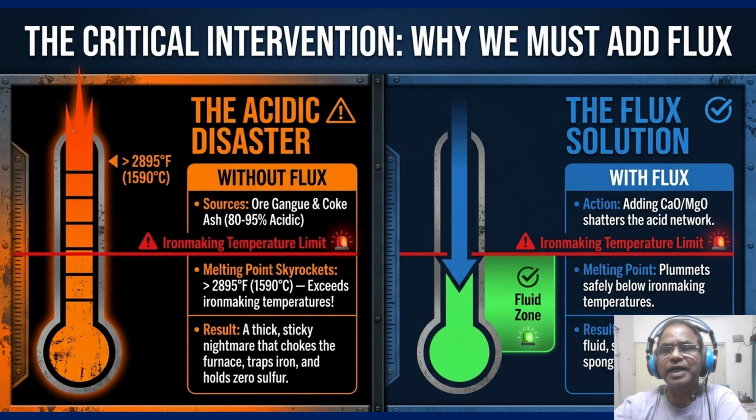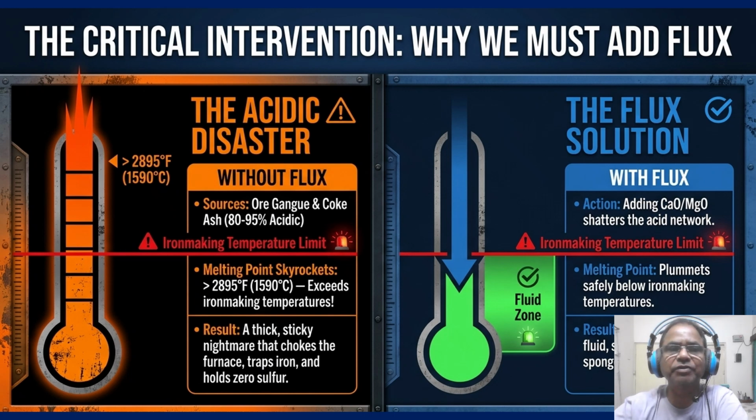Without flux, our slag would come only from the coke ash, about 70 pounds per ton of hot metal, plus pellet gangue, another 170 pounds per ton. So total slag volume is only 240 pounds per ton. But here is the killer.